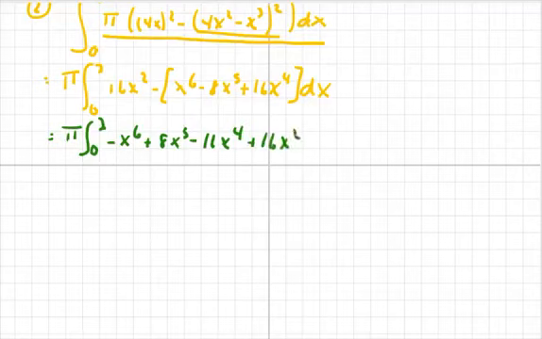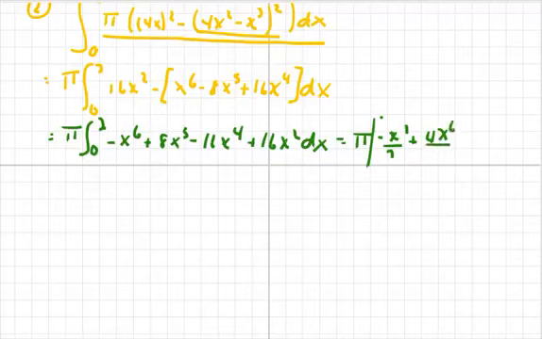Taking the antiderivative, you get minus x to the 7th over 7 plus 4x to the 6th over 3 minus 16x to the 5th over 5 plus 16x cubed over 3.